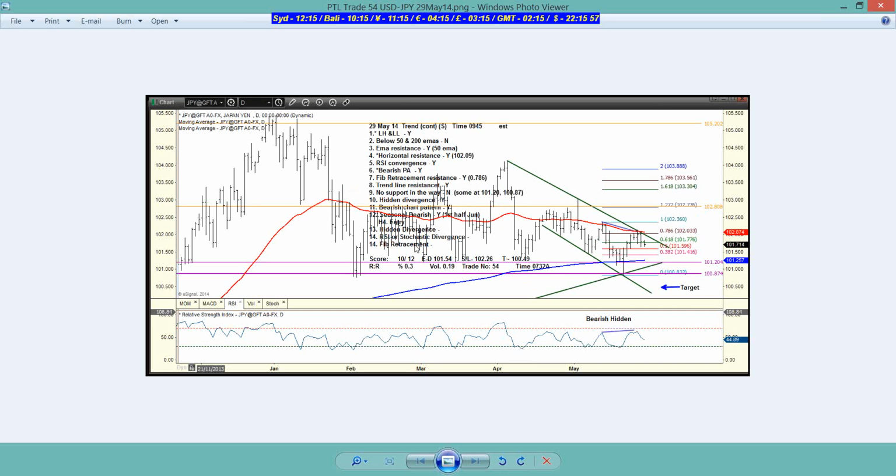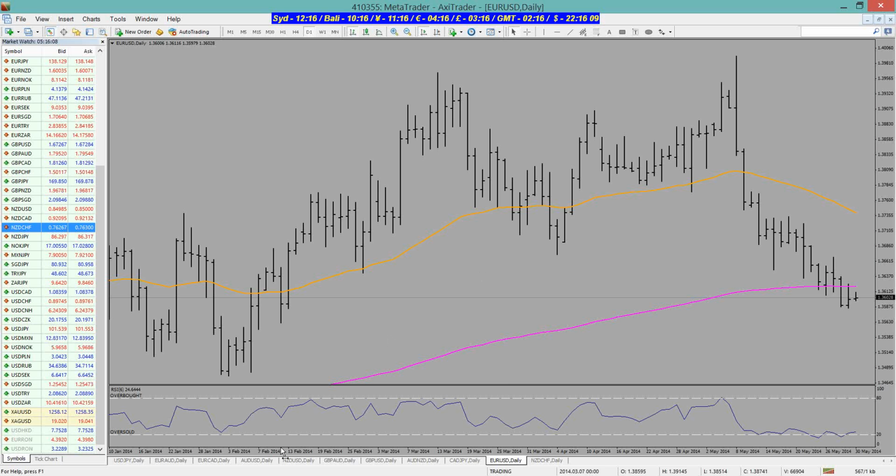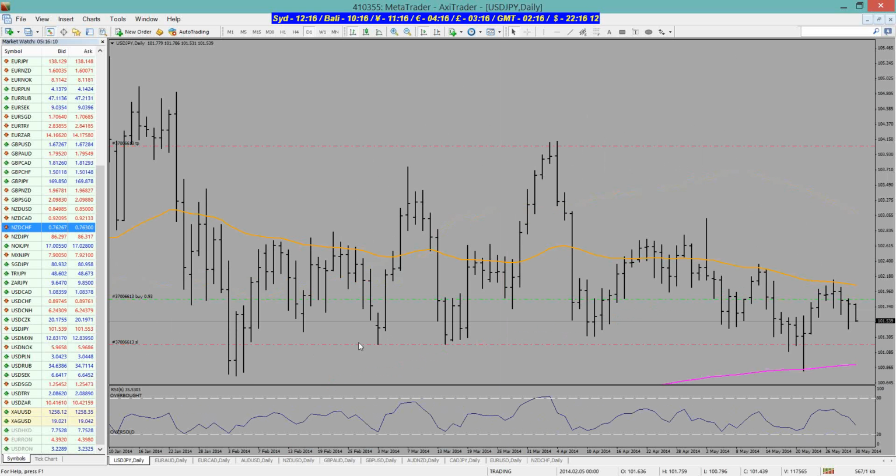Seasonal bearish, yes. Okay. Yeah, I'd question the horizontal resistance at 102.09 and certainly question the support because you've got these lows across here, either there with that red line there, or you've got this around here 100.8, let's call it.